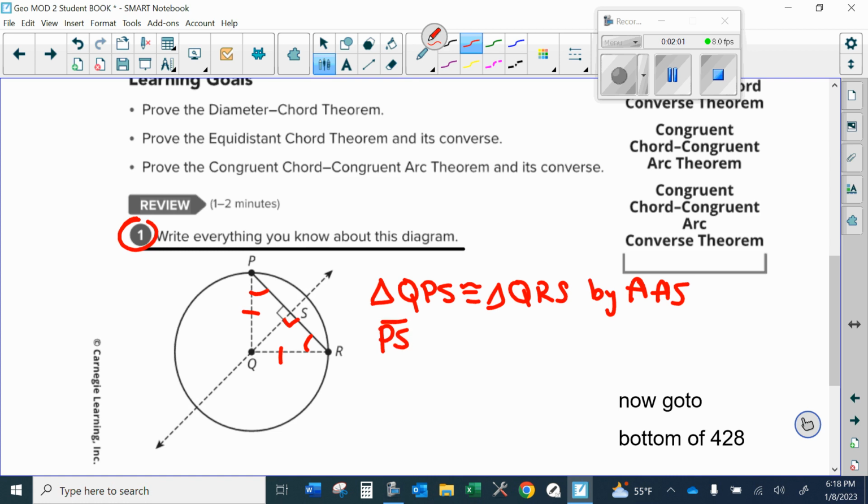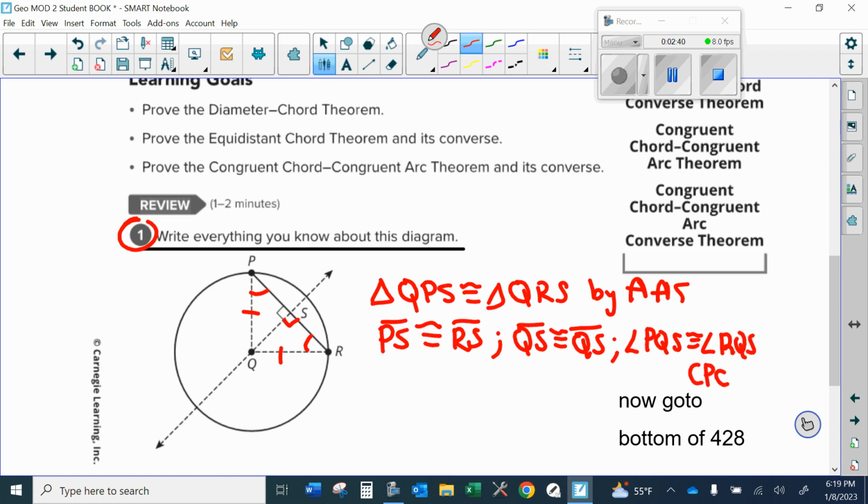So therefore we know segment PS is congruent to segment RS, and QS is congruent to QS, and angle PQS is congruent to angle RQS, all by CPCTC.